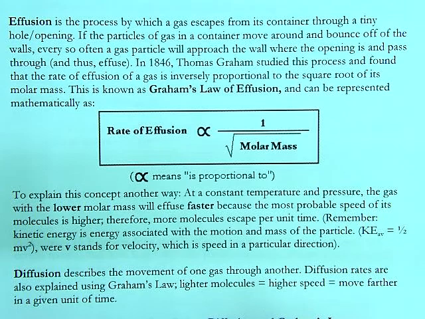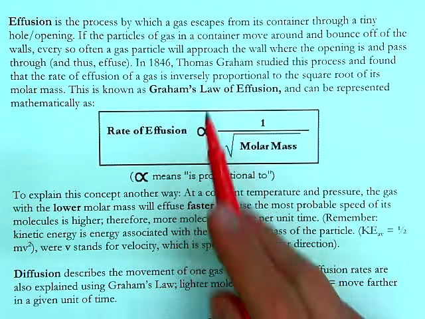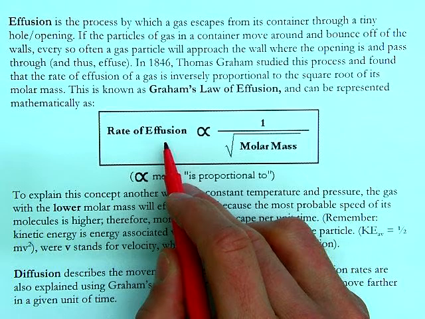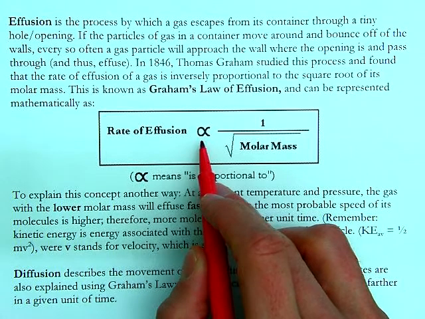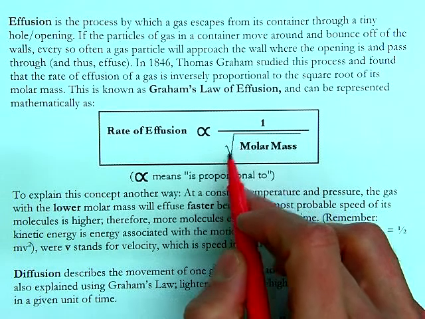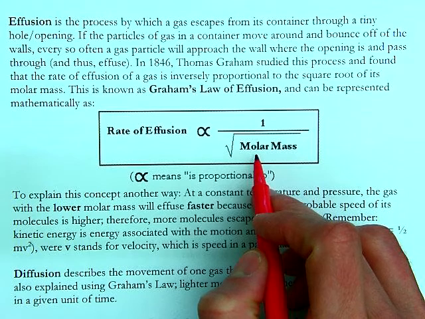Both effusion and diffusion follow Graham's law of effusion, which says that the rate of effusion or diffusion is proportional to 1 divided by the square root of the molar mass of the molecule.